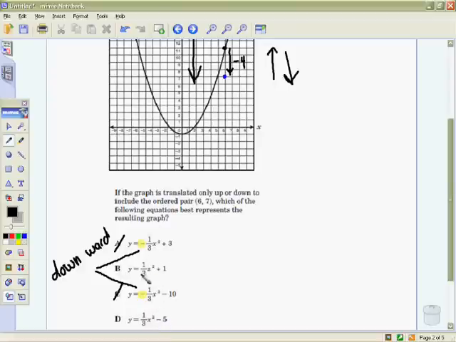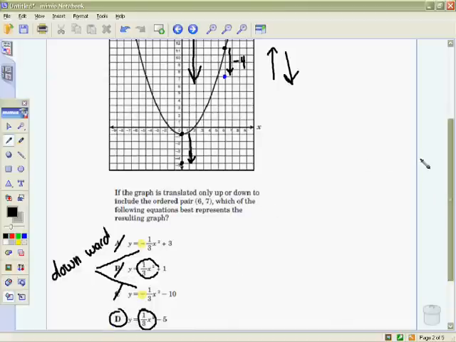Now our 1/3 x squared is good here, and here. So the difference is: is it a +1 for my y-intercept or a -5? Well, my y-intercept right now is -1. But when I go down 4 units, 1, 2, 3, 4, that puts me at -5. So the answer must be D.